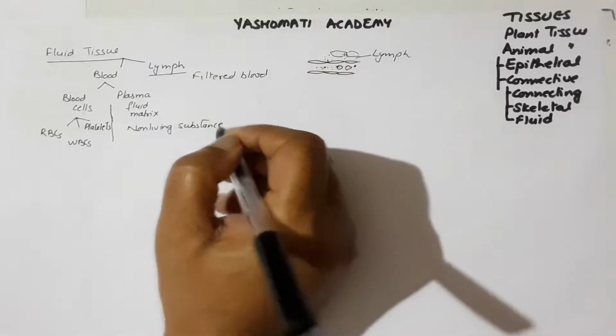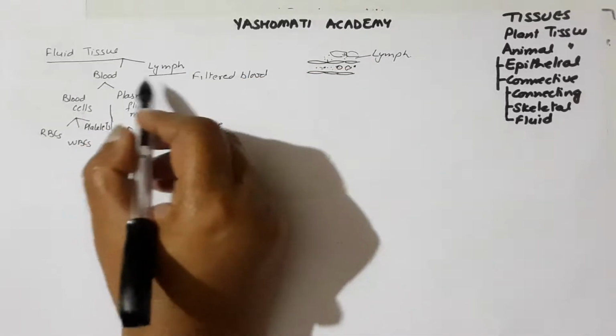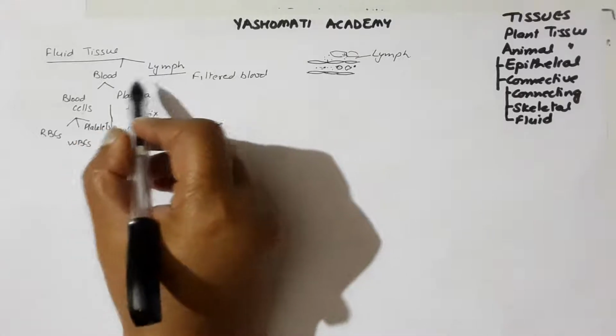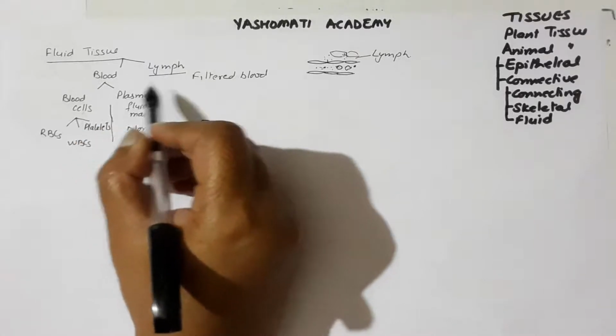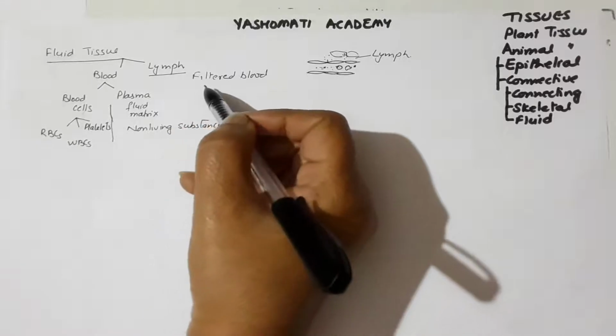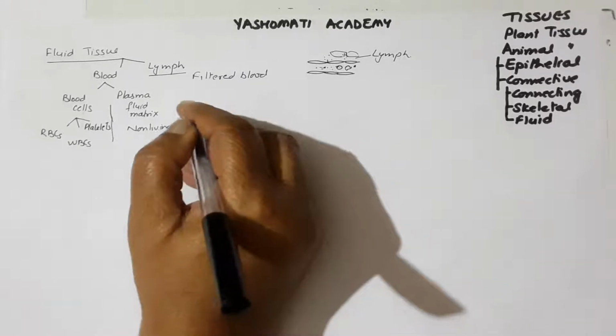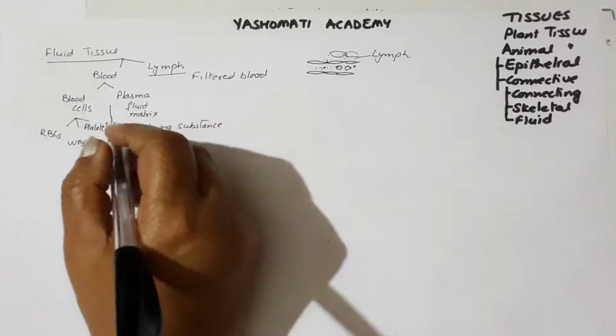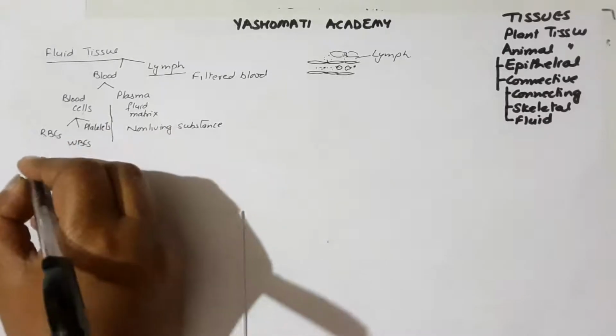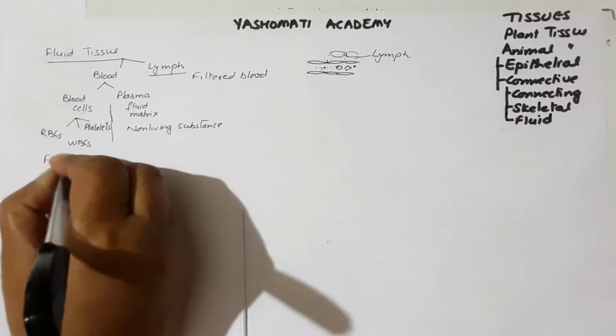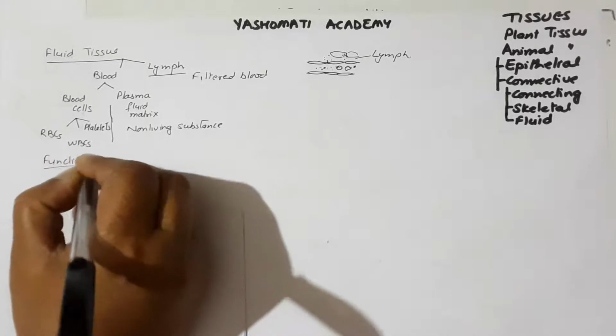So that means that some of the functions of blood and lymph are similar, but there are some differences also which you should remember. Fluid tissue transports oxygen and nutrients to the body. So what is the function of fluid tissue?